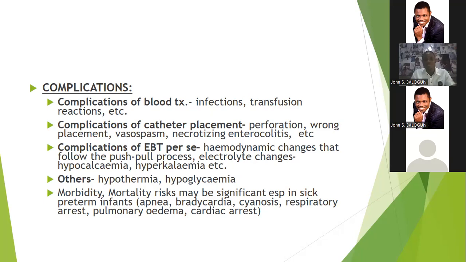Wrong placement: if it's not properly placed, sometimes the vessel can undergo vasospasm such that the catheter will not be able to go through. And if you mistakenly put the catheter through the artery instead of the vein, there could be thrombosis, there could be ischemia of that particular area supplied by that artery, and that will cause complications.